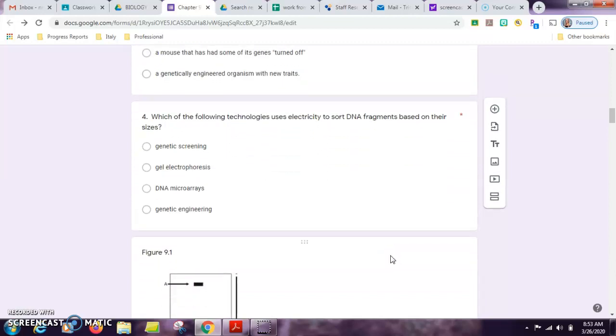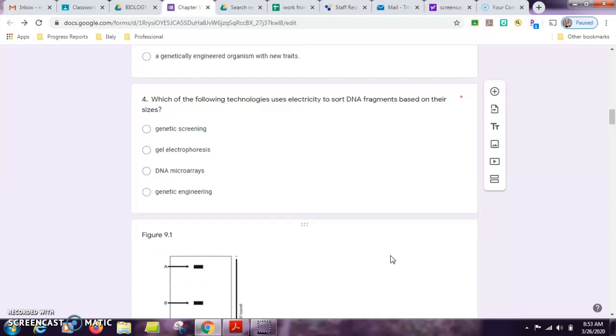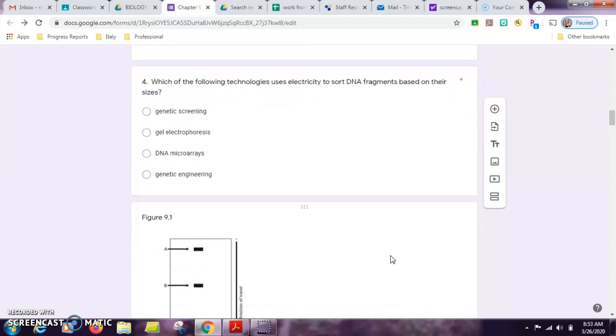Number 4. Which of the following technologies uses electricity to sort DNA fragments based on their sizes? Genetic screening, gel electrophoresis, DNA microarrays, or genetic engineering?